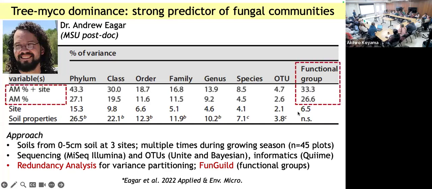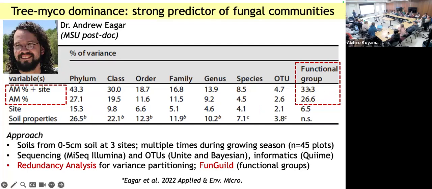But when you add in knowledge from these different stands, these are AM and ECM and mixed dominated stands, I think there was 45 plots or so, when you add in the percentage of trees dominated by AM, and then you add in the interaction term between AM trees and the site, because this was done at 3 different forests, we have really strong predictability.